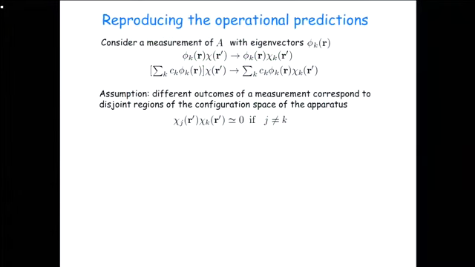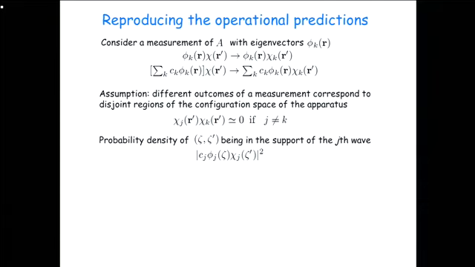Okay? So if I have a physical pointer that actually points to the left or the right, depending on the outcome, then it's pretty clear that the wave functions corresponding pointing this way and this way will also be non-overlapping in space.